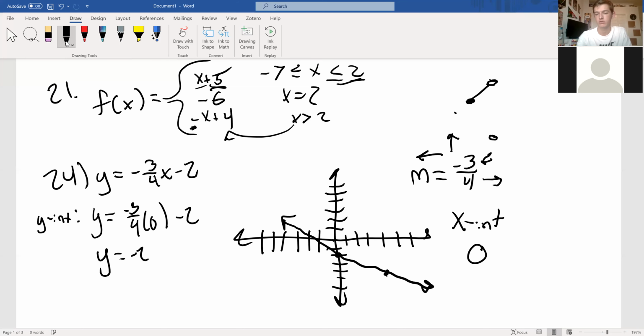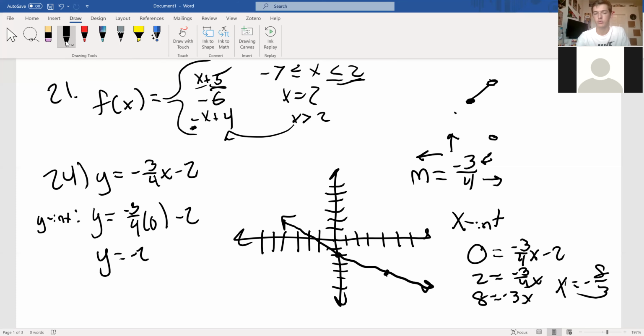So we could say 0 is equal to negative 3 over 4x minus 2. If I add the 2 over, I get 2 equals negative 3 over 4x. Multiplying both sides by 4, I get 8 equals negative 3x. So my x-intercept is x equals negative 8 over 3.